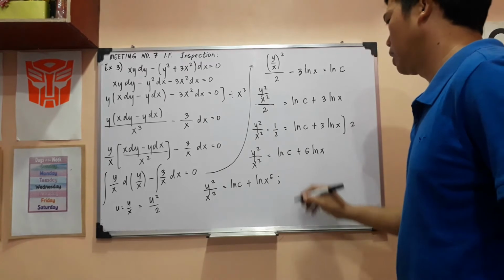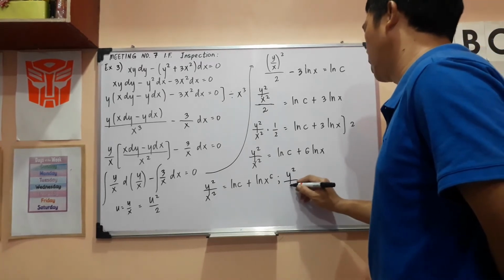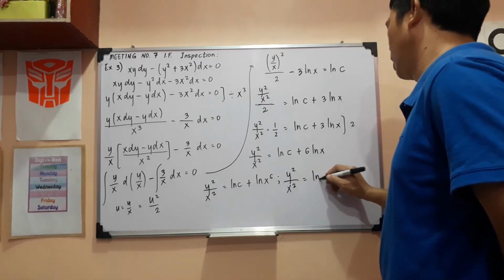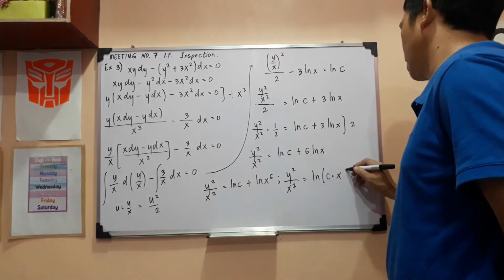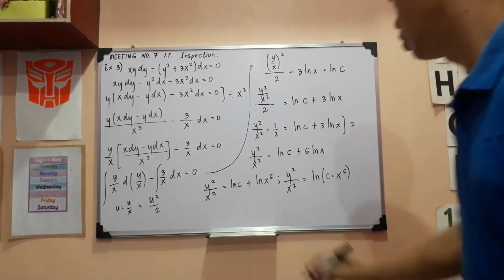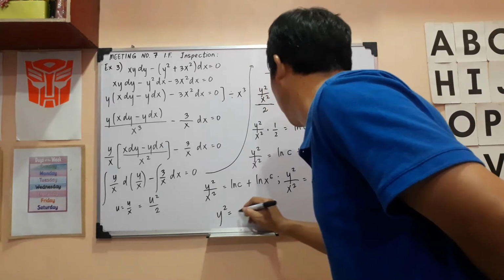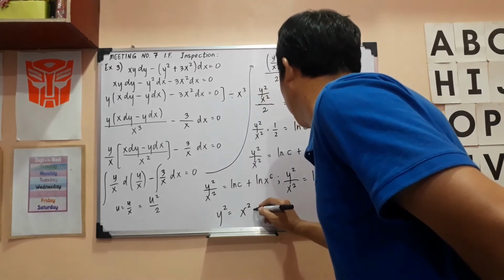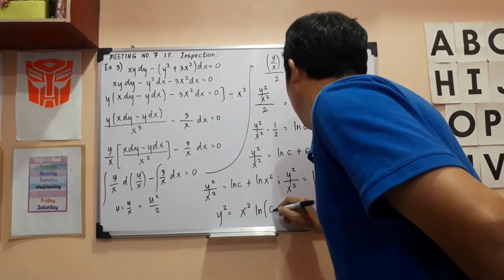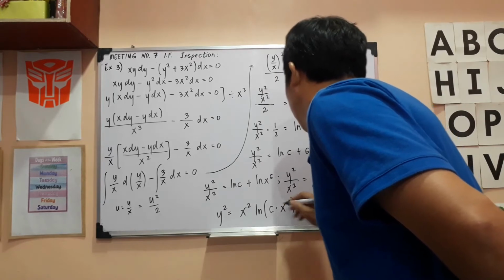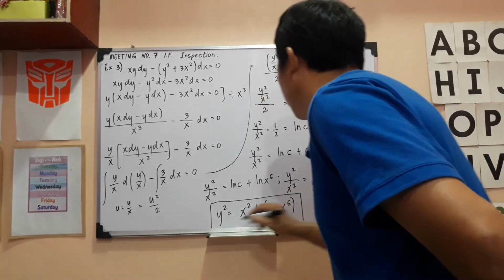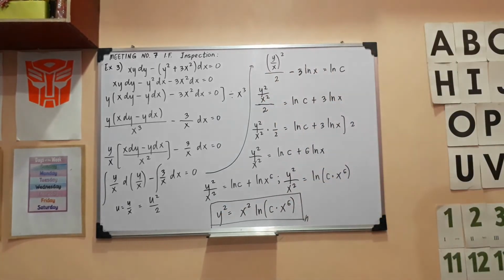Or magiging y square all over x square is equal to ln of c times x raised to 6. Or finally, we have y square is equal to x square multiplied by ln of c times x raised to 6. So, final answer in our example number 3.